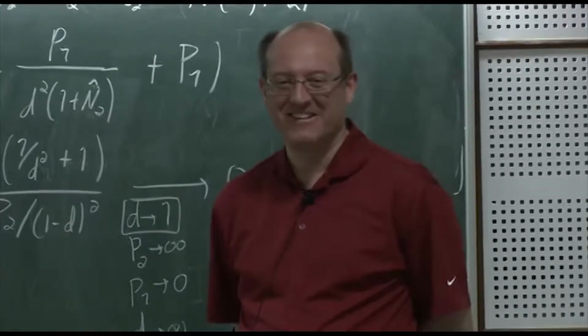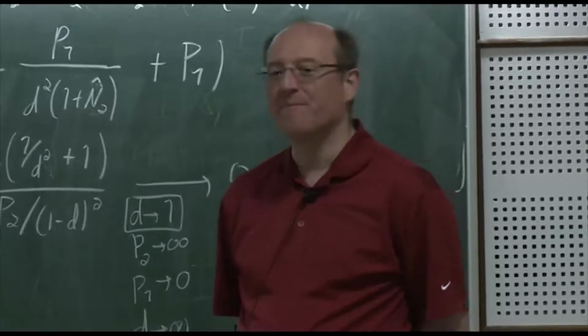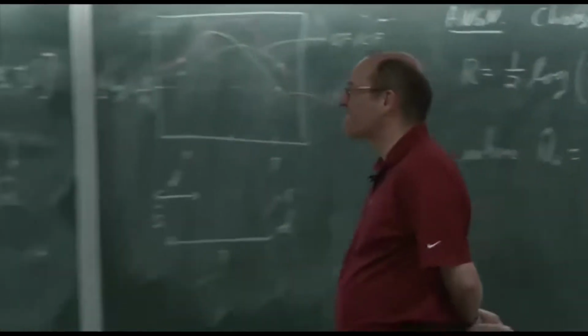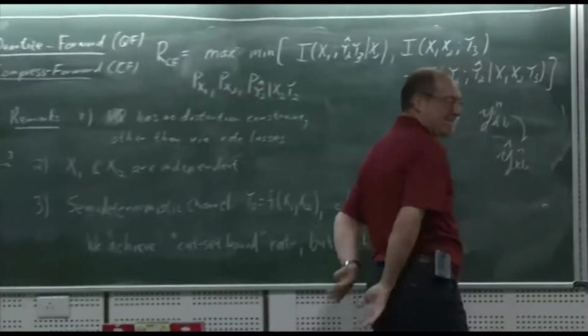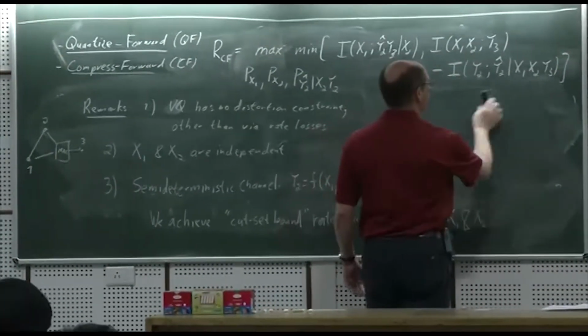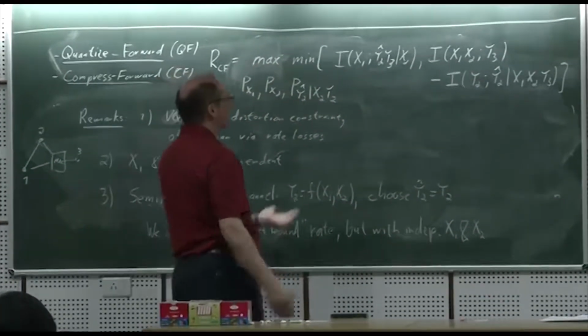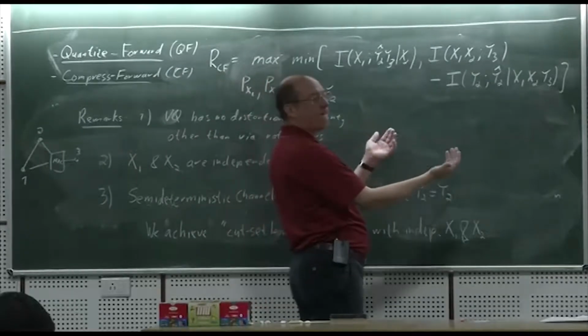You mentioned that there's no distortion constraint, but it appears here. Right? So does that mean that we should essentially be using very few bits, because y hat is appearing with a minus? Actually there should be a lot of distortion in some sense.